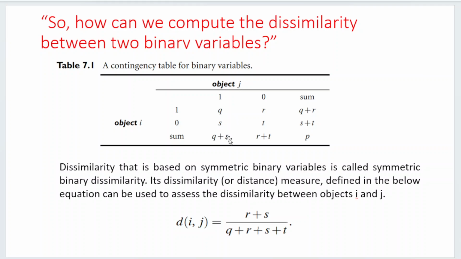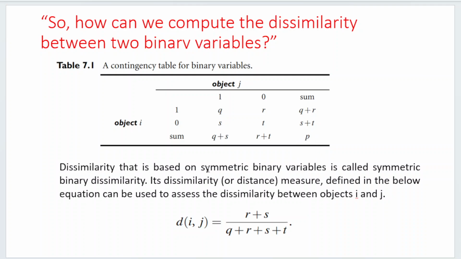This is the summation of the first column, q plus s, here we get the summation r plus t, here the summation q plus r, here s plus t, and finally the entire sum is represented by p.